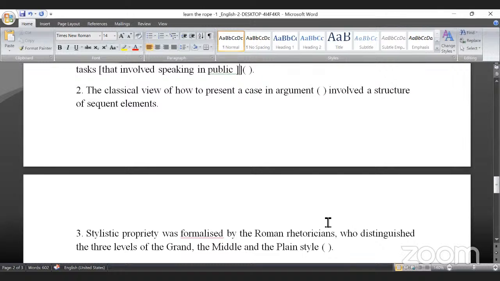Okay. Second one: The classical view of how to present a case in argument involved a structure of sequent elements. Look at that sentence carefully. Adverbial clause. Correct. So which part of it is subordinate?